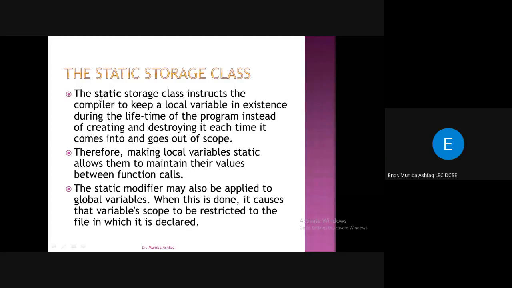But if you declare it as static, then those variables will be there until the whole program ends. Therefore, making local variables static allows them to maintain their value between function calls. So if you have different function calls accessing the same static variable, then its value is retained.